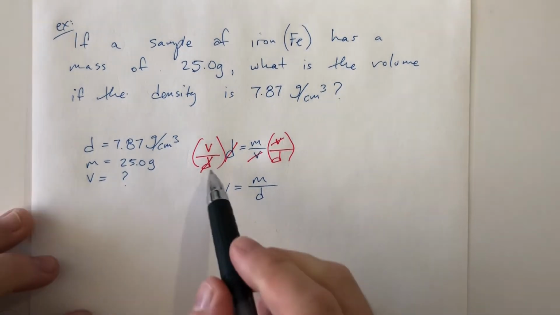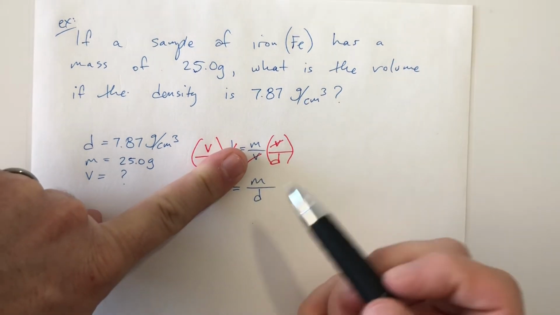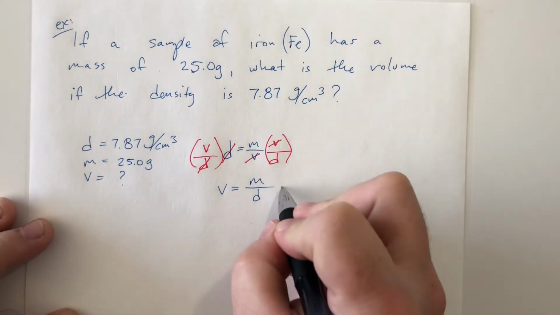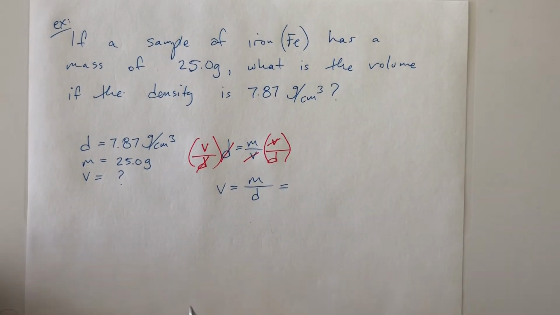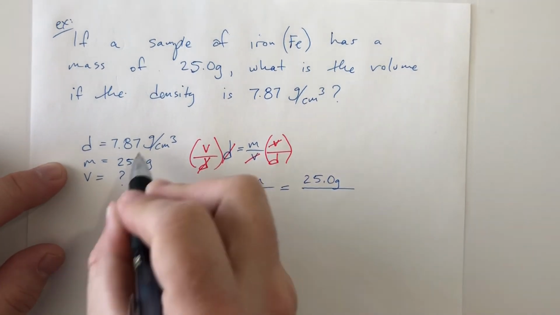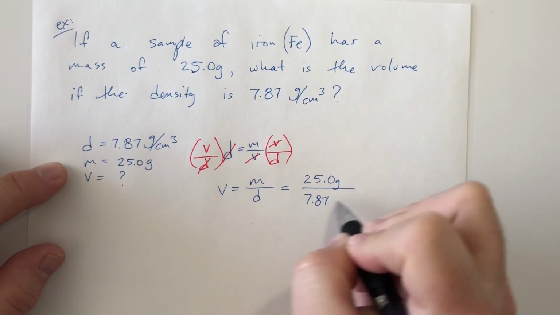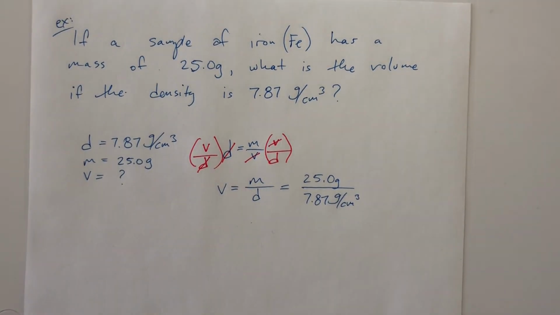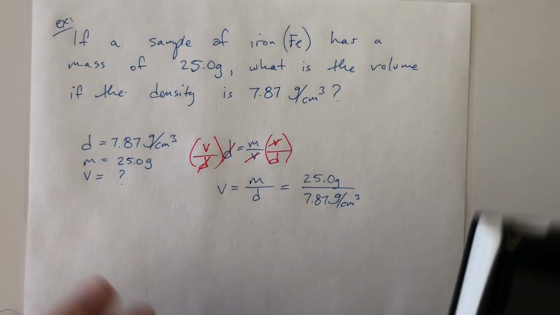Right? If that stuff cancels out, that's just V. And if these cancel out, it's M over D. Okay? And then we can just plug and chug. So M is 25.0 grams, and density is 7.87 grams per cubic centimeter. We literally just plug it in a calculator.